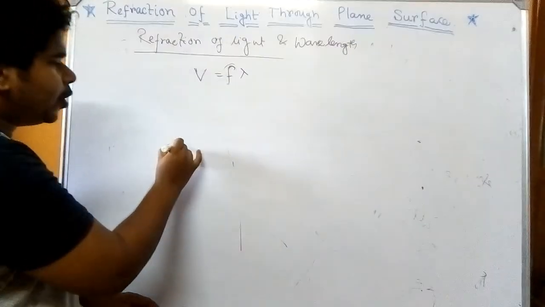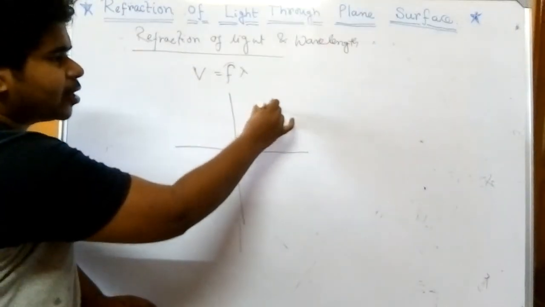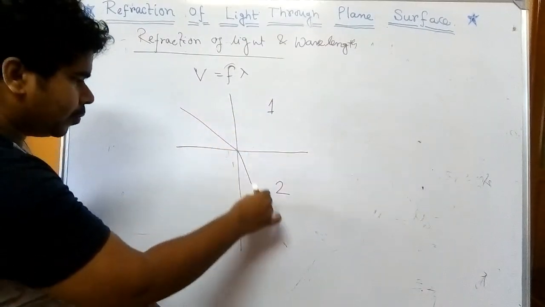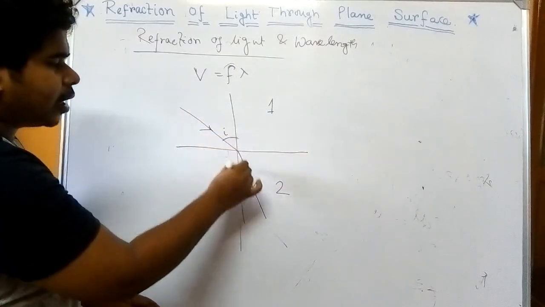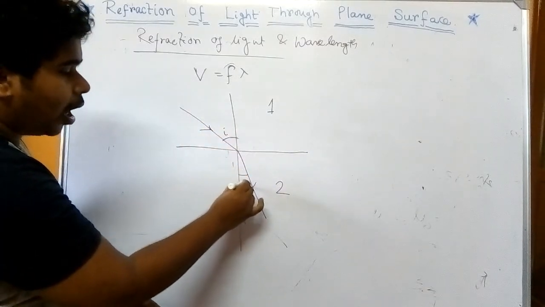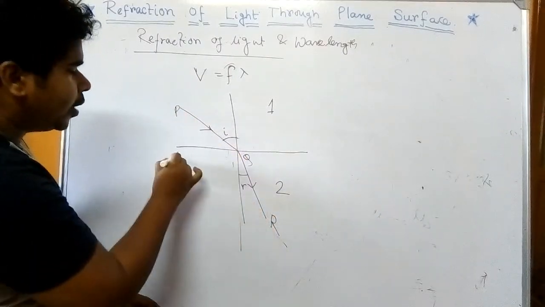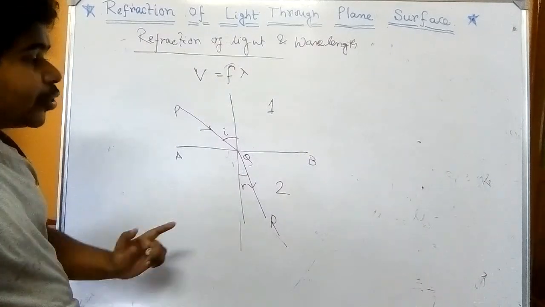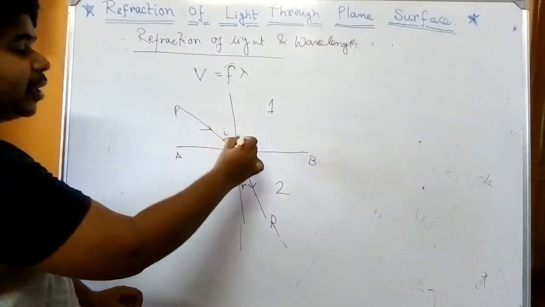Assume we are taking two media, medium 1 and medium 2. This is the angle of incidence i, and that is the angle of refraction r. What will be the speed of light in medium 1?